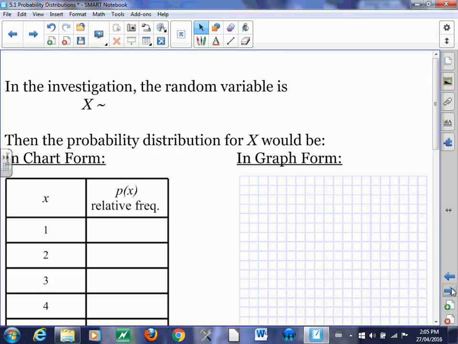All right. So, in this investigation, the random variable is the capital X, meaning the group A presentation order.